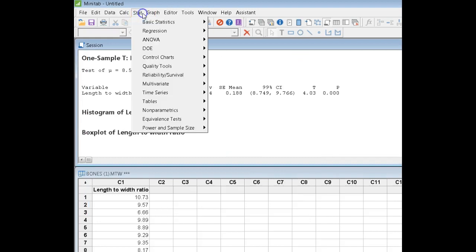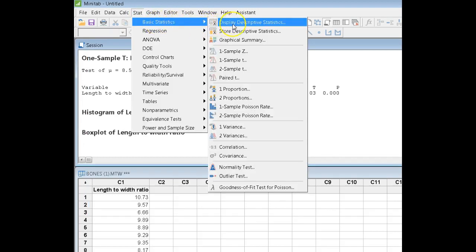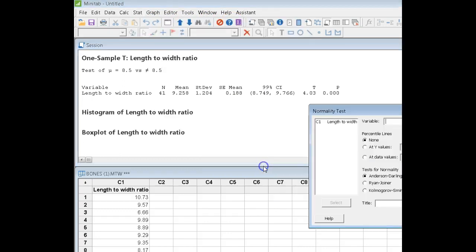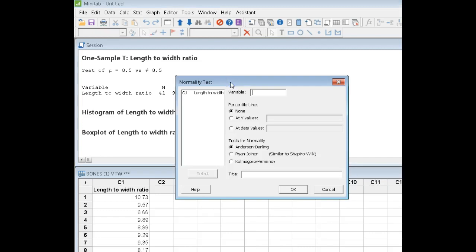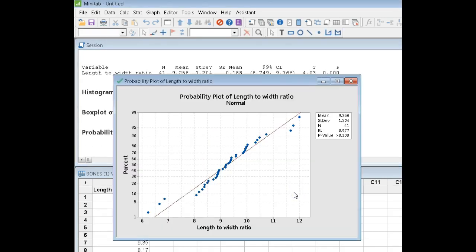If in doubt, go to Stat, Basic Statistics and run a normality test, as I indicated in some previous set of notes. So I want to do a normality test, length to width ratio. Usually I like to use the Ryan-Joiner test because it's used for smaller sample sets, which is what we have right here.